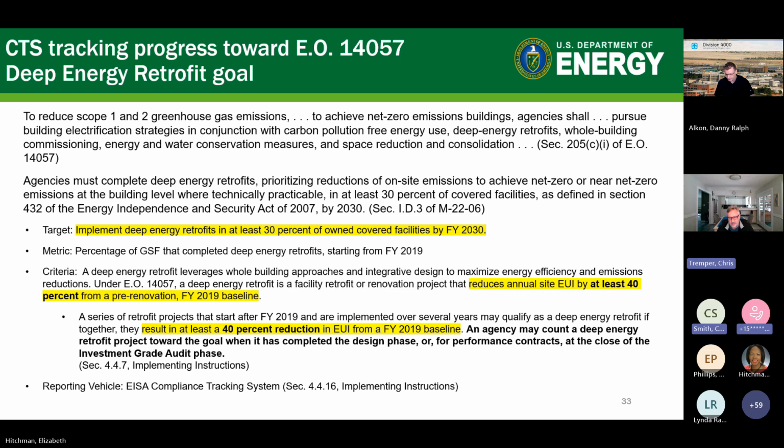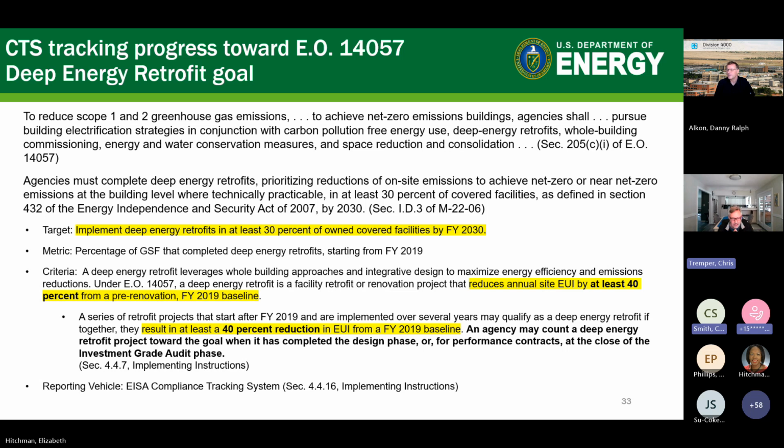A deep energy retrofit is a retrofit or a series of retrofits that are undertaken at a covered facility that reduces that facility's annual energy use by at least 40% from a pre-renovation FY 2019 baseline. So the White House and CEQ that developed this executive order are looking to show the progress from 2019 forward at the agencies.